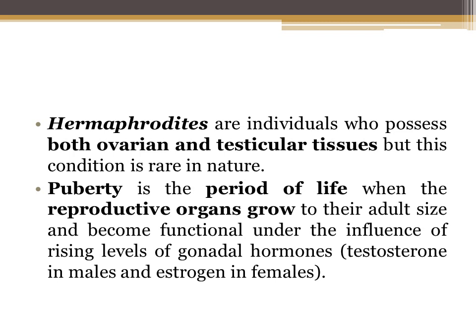Now, let's talk about puberty. Puberty is the period of life when the reproductive organs grow to their adult size and become functional under the influence of rising levels of gonadal hormone, testosterone in males, and estrogen in females.